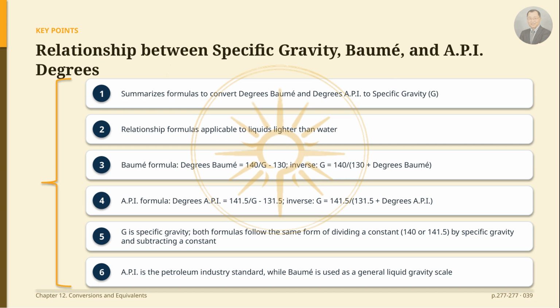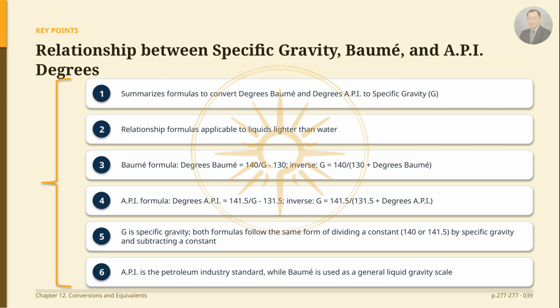API degrees are similarly calculated by dividing 141.5 by the specific gravity and then subtracting 131.5. The remaining detailed formulas and inverse calculation methods are organized in the table, so please select the formula appropriate for your target, either API degrees, the petroleum industry standard, or Baume degrees, the general liquid scale, to convert the specific gravity index.